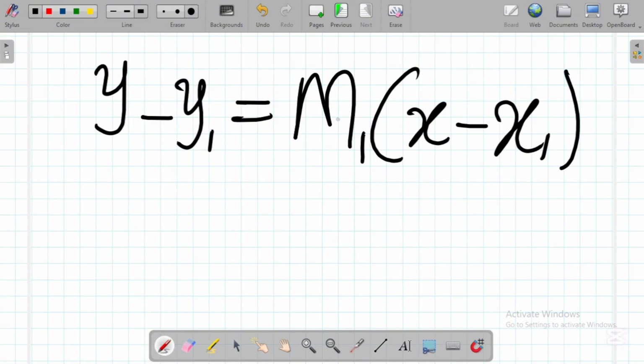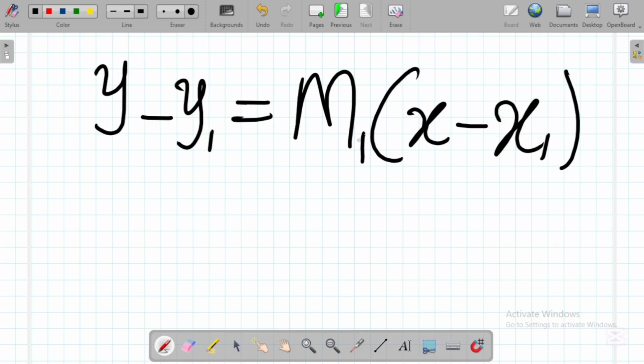Previously we were calculating the equation of the tangent, but here we are calculating the equation of the normal, and we need to substitute the slope of the normal, which is m1.